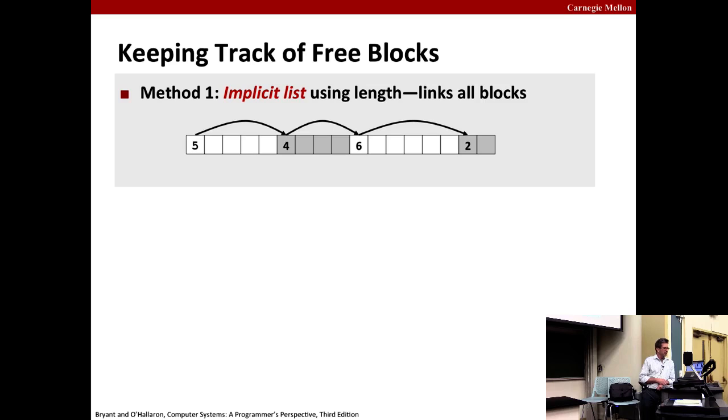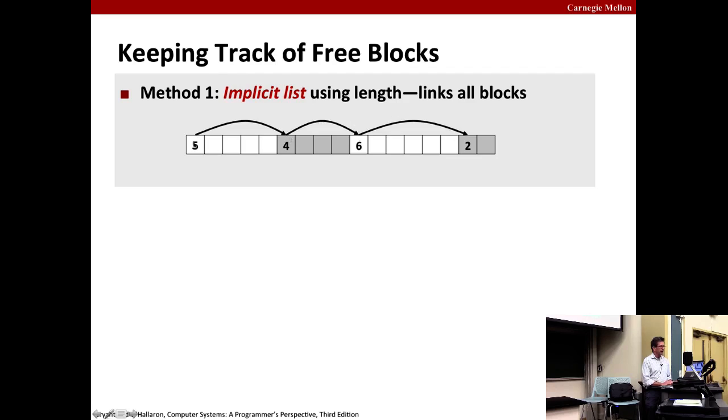That's pretty simple. But how do we keep track of the free blocks? And this is where it gets interesting. The simplest method is what we call an implicit list of free blocks. The idea is to put a header in the front of every block in the heap, whether allocated or free. Then starting at the beginning of the heap, we can use that size to walk the heap.